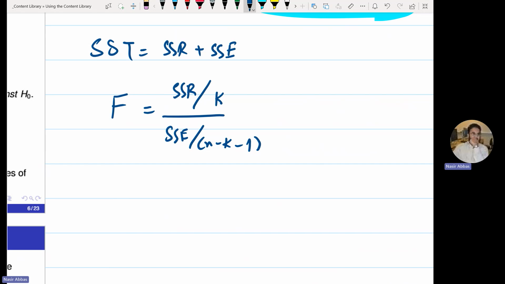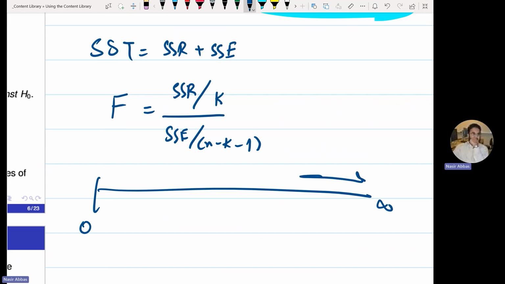When one of them increases, the other has to go down, correct? When SSE is small and SSR is big, what happens to the F? It goes to infinity, correct? So if your regression is significant, F will go to infinity.